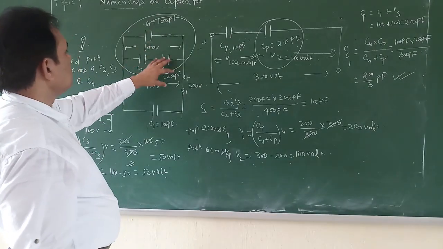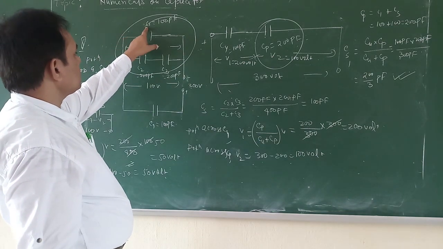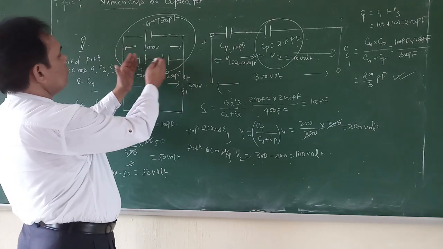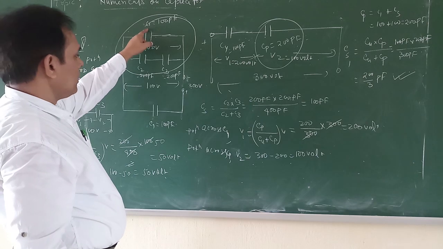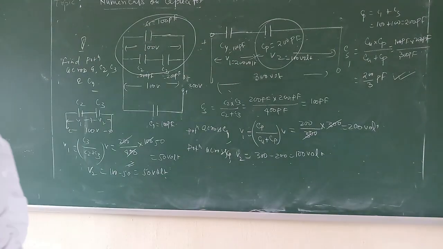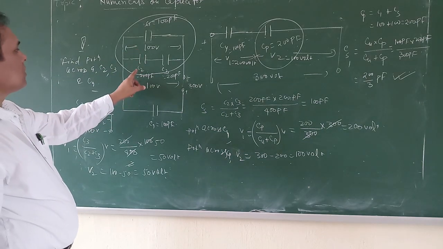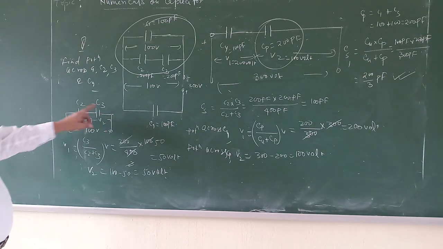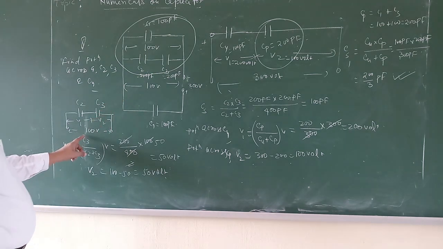If this potential is 100 volt, it means the potential across C1 will also be 100 volt and the potential across these two will also be 100 volt. So the potential across C1 is 100 volt. For the potential across C2 and C3, again use the same formula. The total potential across C2 and C3 is 100 volt.